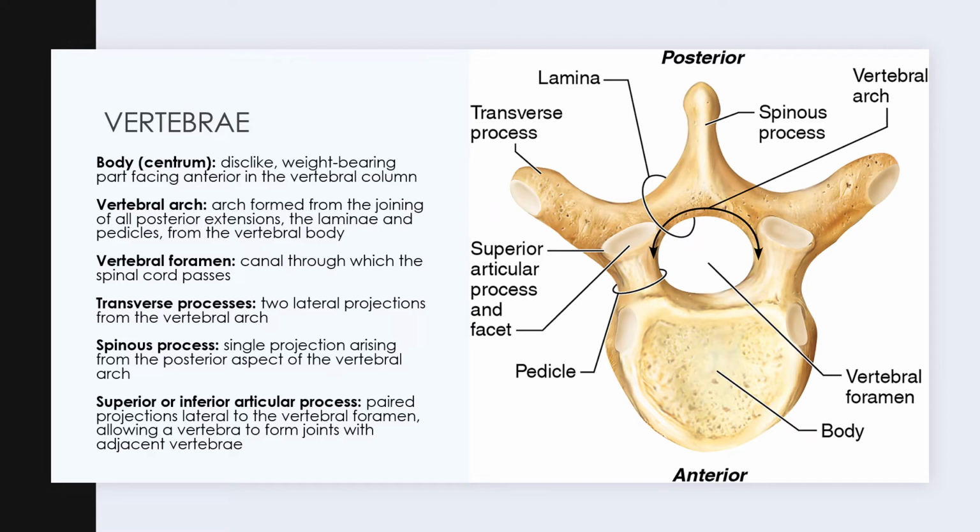It's kind of like Lincoln Logs, or blocks that fit just so. That's what the articular process does. It just allows it to fit together. There are some slight differences depending on the location of the vertebra in the spinal column, so we'll take a look at those on the next slide.